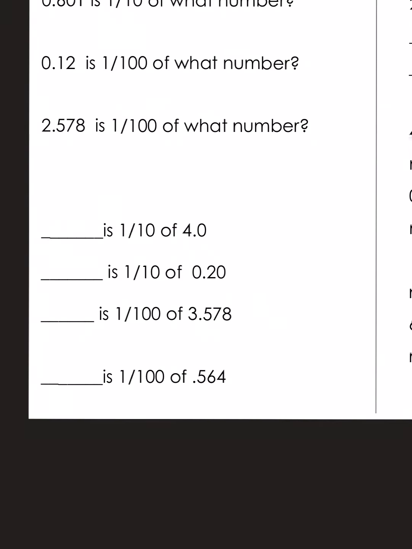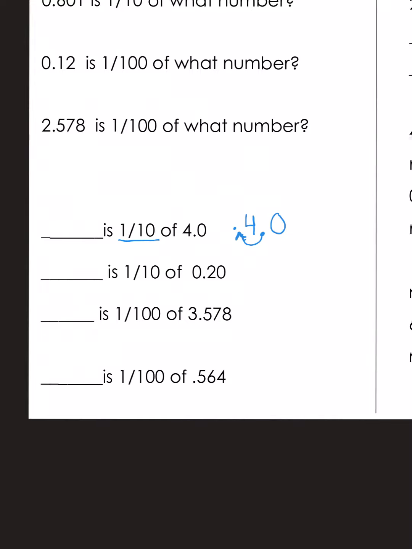At the bottom of the page, you should read these questions as, what number is 1/10 of 4.0? What number is 1/10 of 4 wholes? What number is a fraction or a smaller part of 4.0? I know if I'm looking for a smaller part, my number has to get smaller. Therefore, I move my decimal to the left, and I only move it one time because it only says 1/10 and not 1/100th.